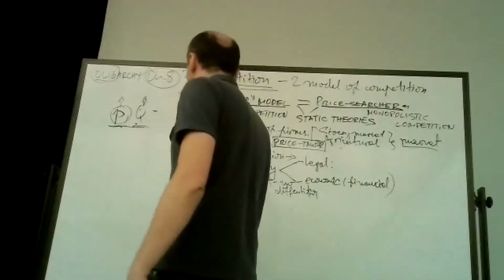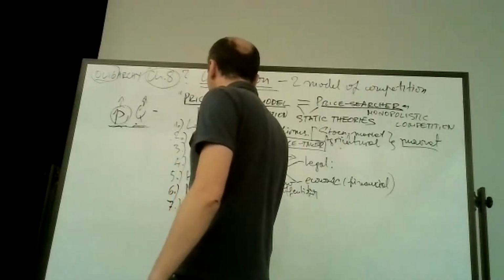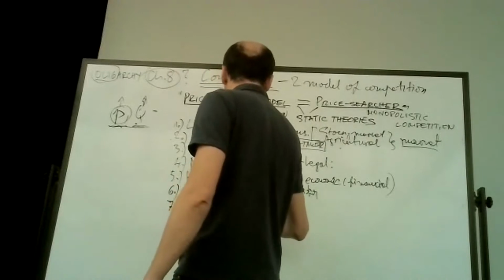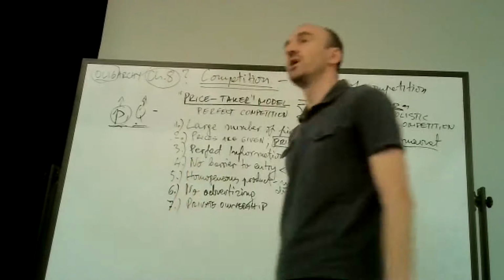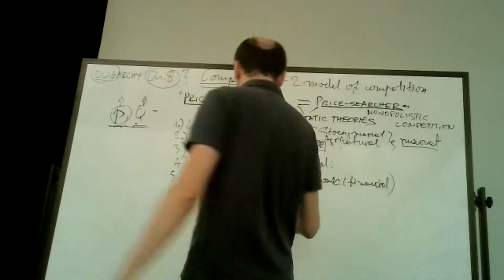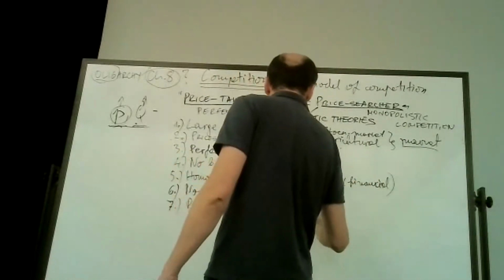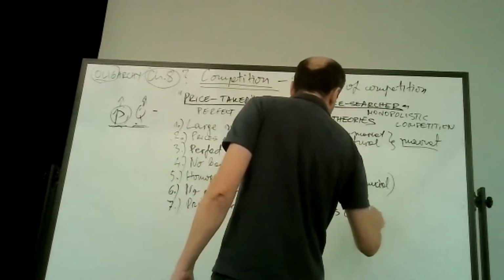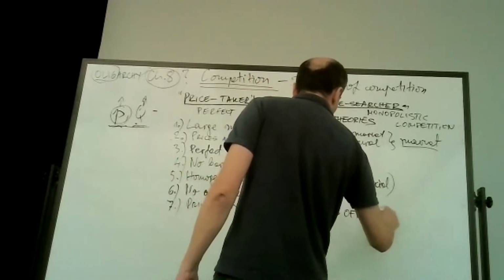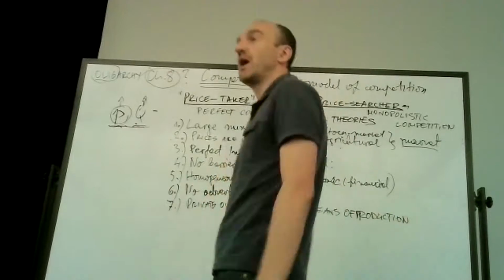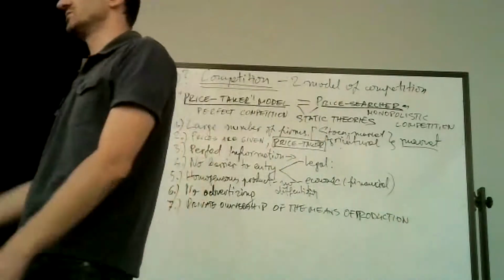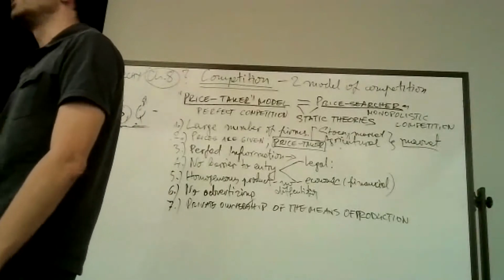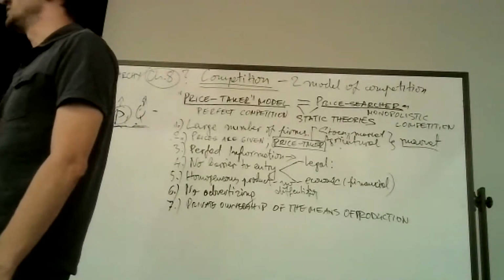And the final condition, a very important one, is private ownership. Private ownership of the means of production, which means everything that is used in the process of production. Factories, real estate, raw materials, everything but human labor.